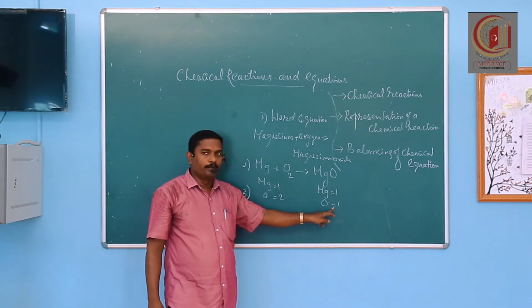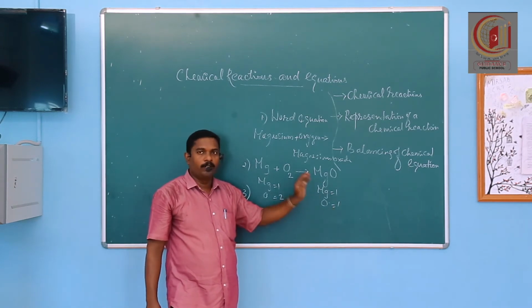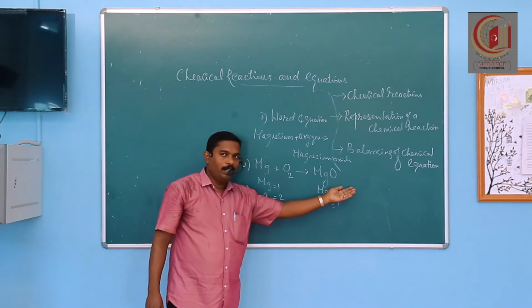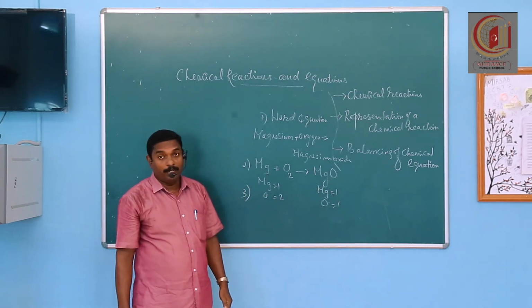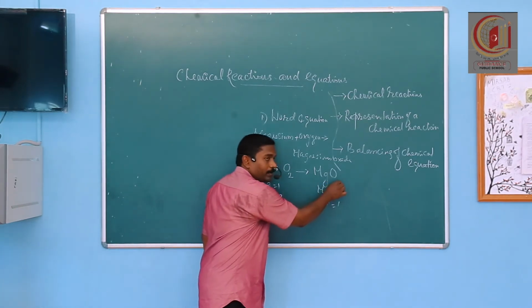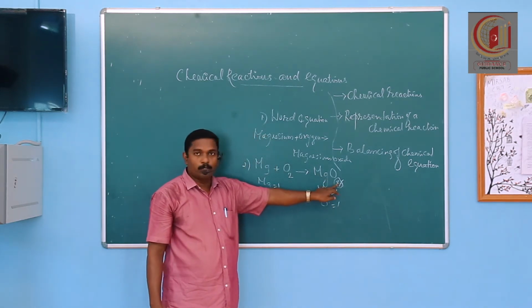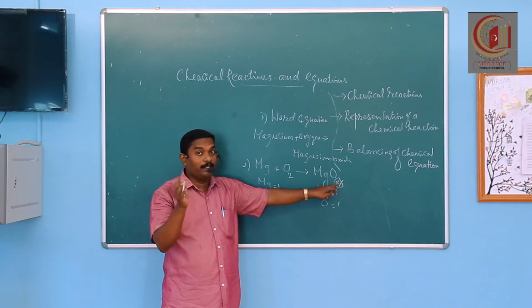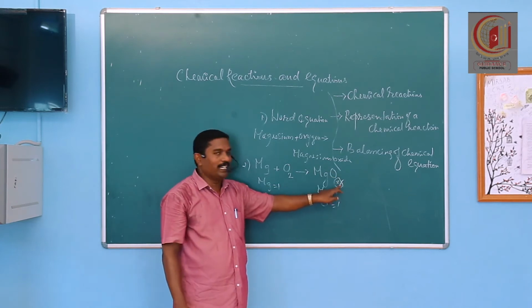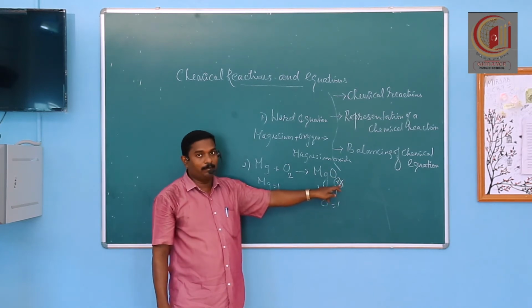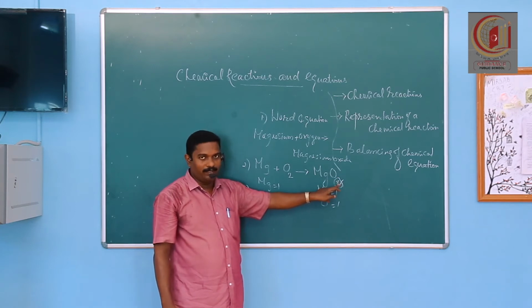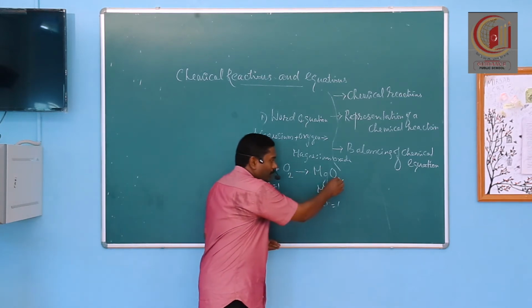So what can we do? We can balance the number of oxygen atoms on the RHS. Then how can we balance? By putting 2 here? No, as we know, it is not right. What does this 2 imply? This 2 implies not a balancing number, but the valency. So it is the wrong one.